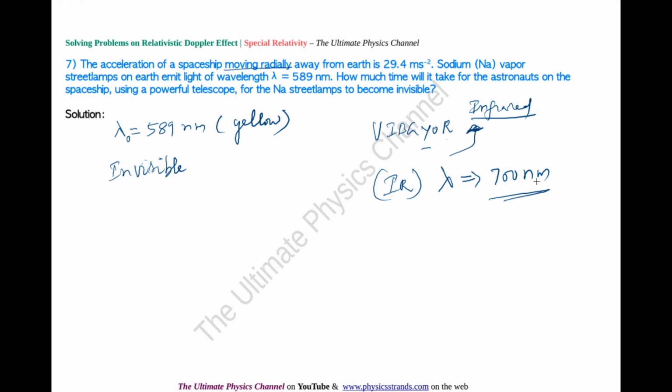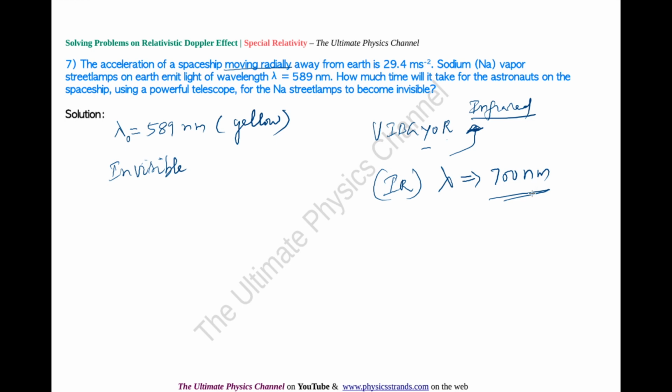I can't see 700 nanometers, right? Now the question here is, how much time it will take for this to happen, if the speeding spaceship moving radially away from the Earth should not see any light, even with a powerful telescope, emitted by one of our street lamps having a sodium vapor source emitting at 589 nanometers. That is the question, right?